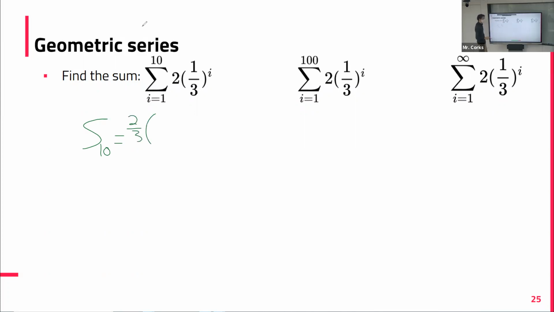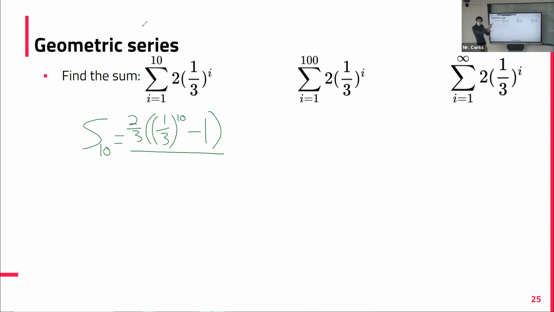What is our R value? 1 over 3, and to the exponent n, so 10 minus 1, divided by... Remember our formula?